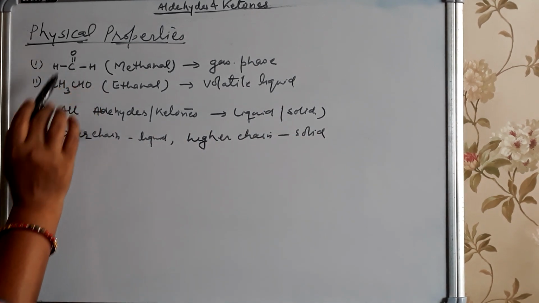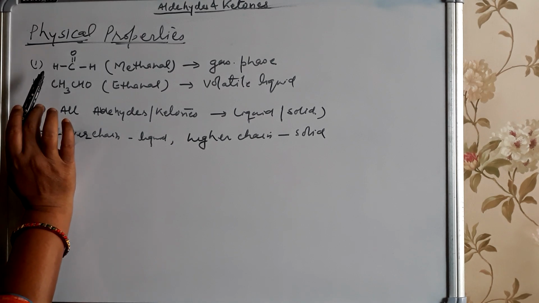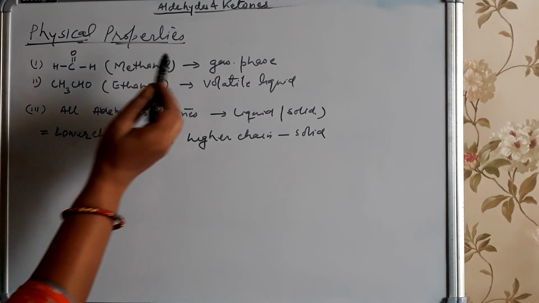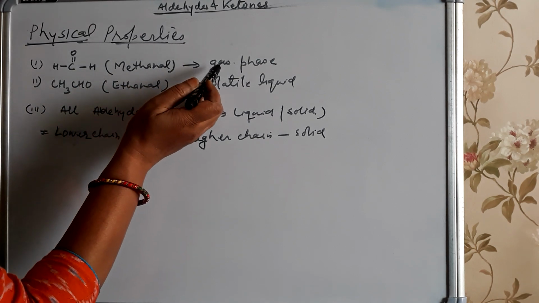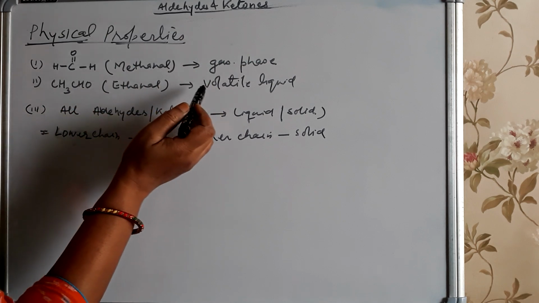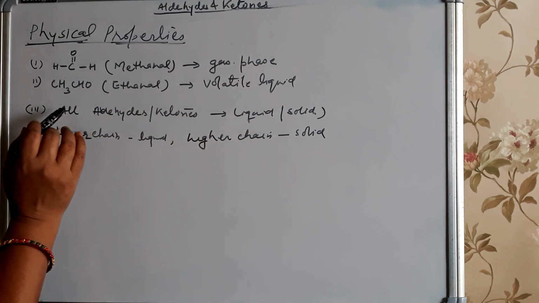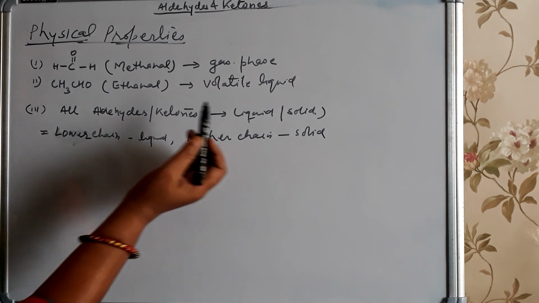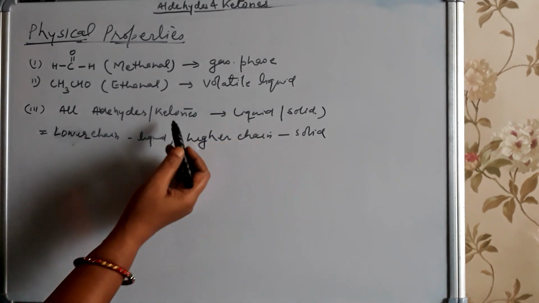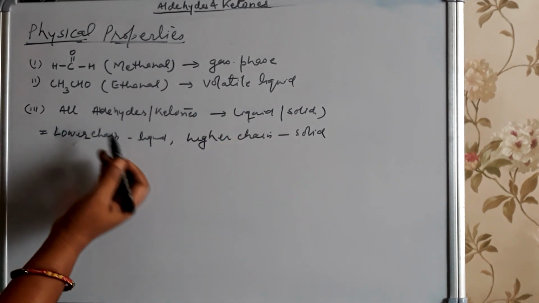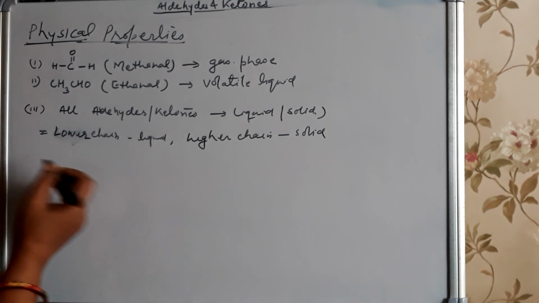So among the lower aldehydes, only these two: methanal exists in gaseous form and ethanal exists as a volatile liquid. All other aldehydes and ketones exist as liquids or solids, depending on their molecular mass. Lower chain, liquid form; higher chain, solid form.